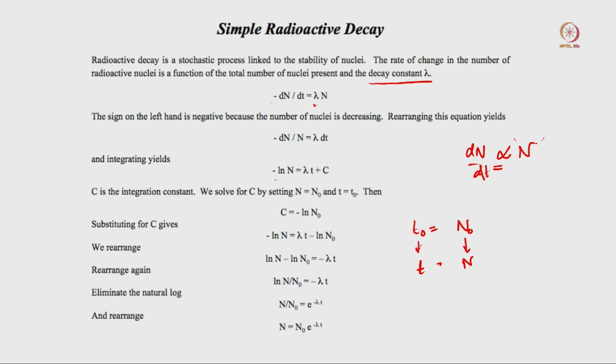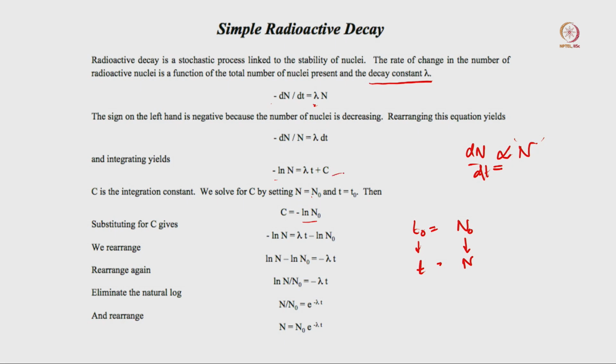So N equals N0 at t equal to 0. If I fit in this value, then C comes as minus ln N0, because time is equal to 0 here. So ln N is equal to ln N0, and C comes as minus ln of N0.